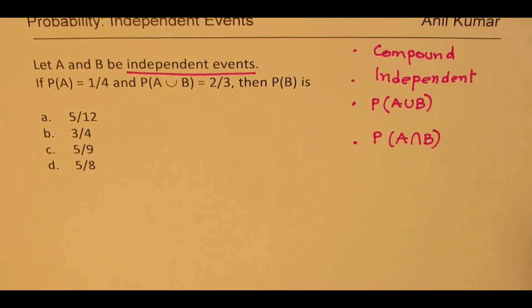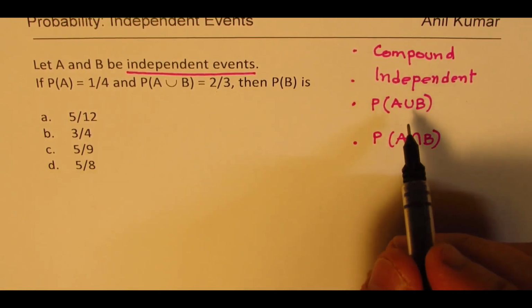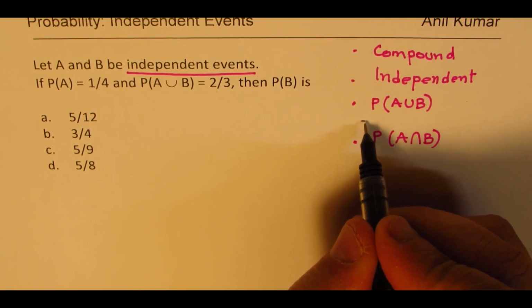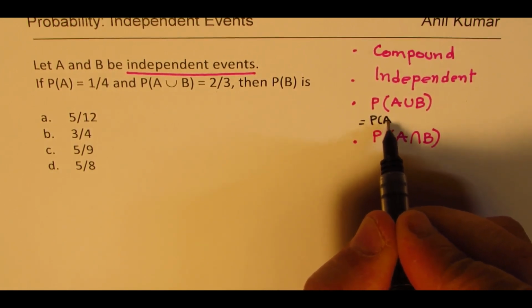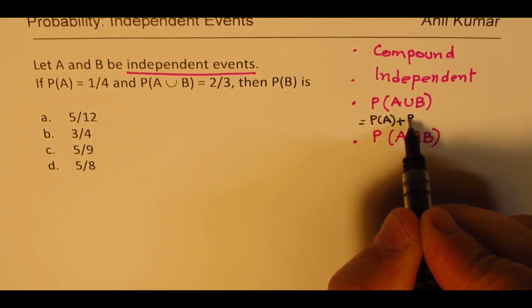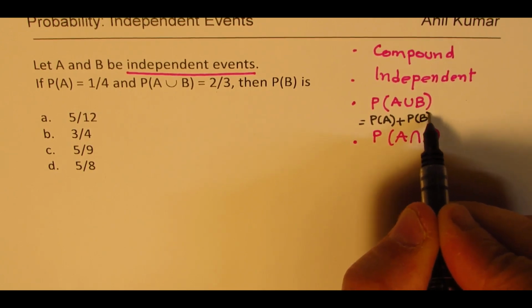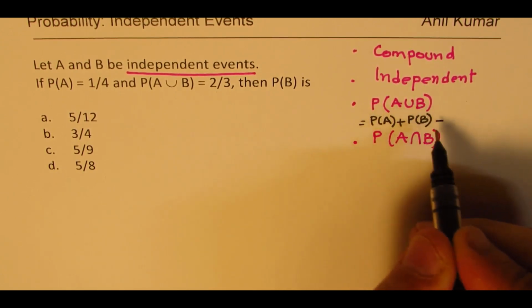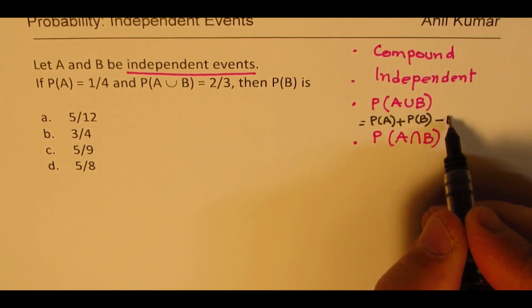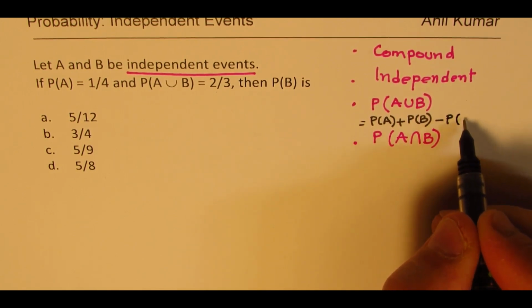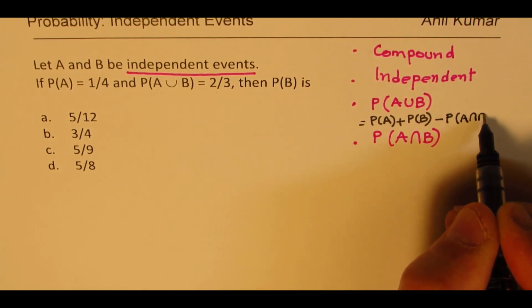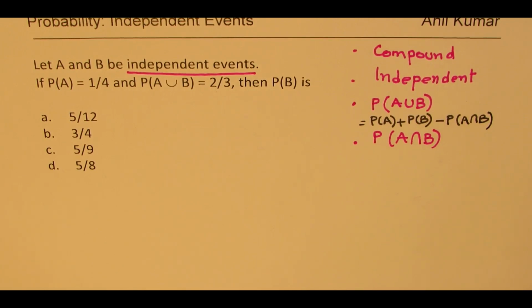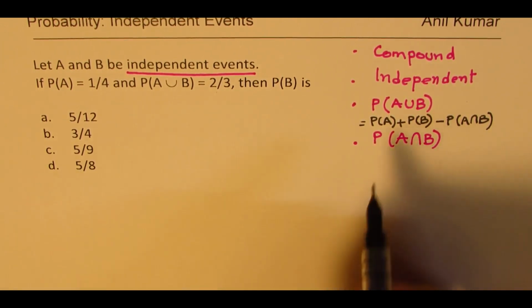Now, when I say union, it means what? It basically means that you're looking for probability of A plus probability of B, and there has to be something in common between these two also. That means you should take away the probability of A intersection B, correct? Now what is probability of A intersection B?